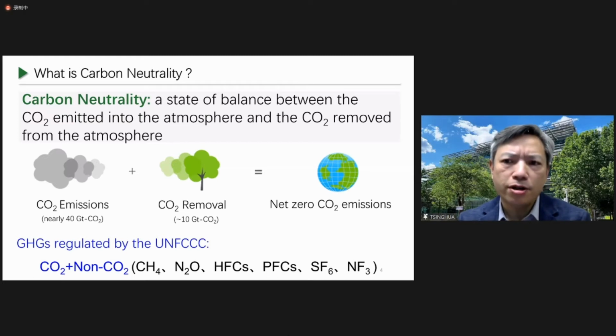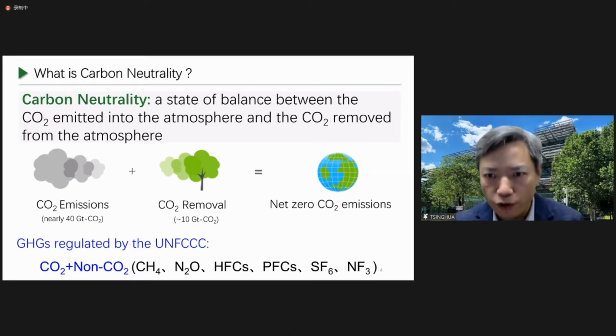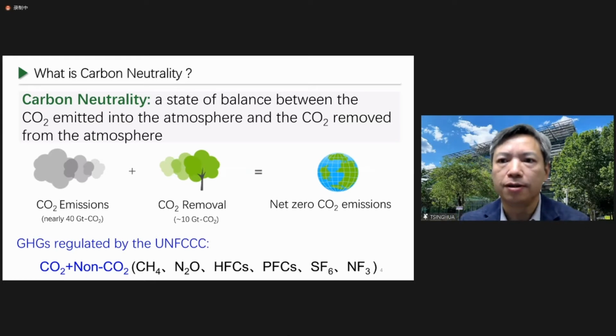While the annual global CO2 emission reached nearly 40 gigatons in 2019, almost 4 times of the natural sinks. To date, no artificial carbon sinks are able to remove carbon from atmosphere on the necessary scale to reach net zero emission. That's why it is essential to reduce carbon emissions in order to reach carbon neutrality.